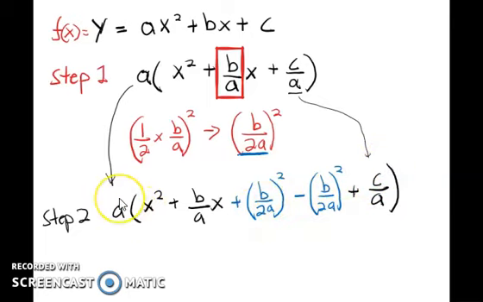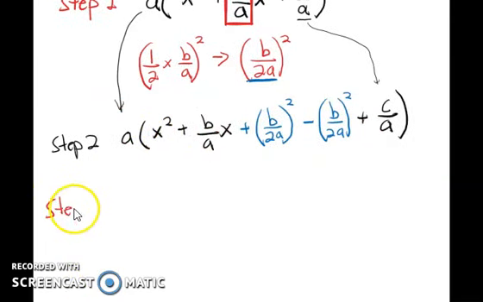Now in step 3, I'm going to factorize starting from here to here. With the a, we just take the term inside, not the square, just the x and the b over 2a.